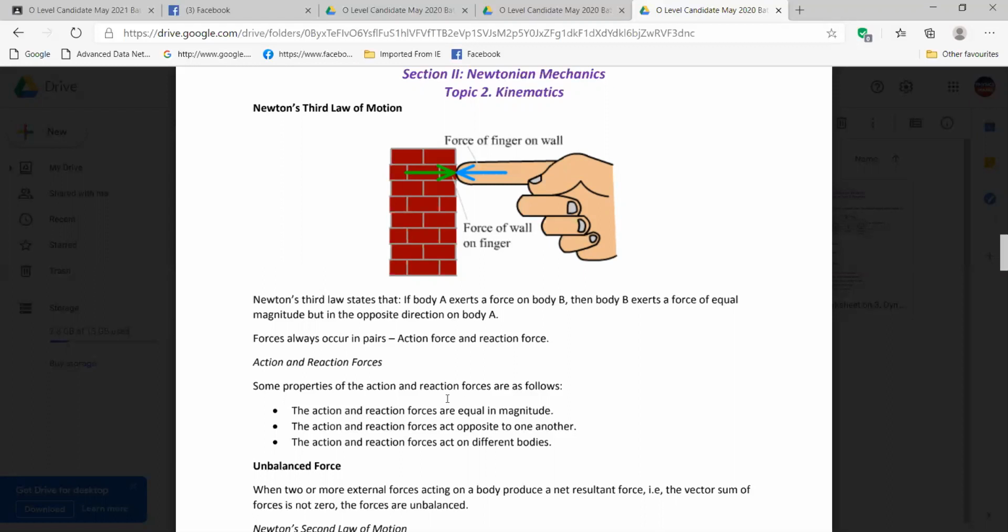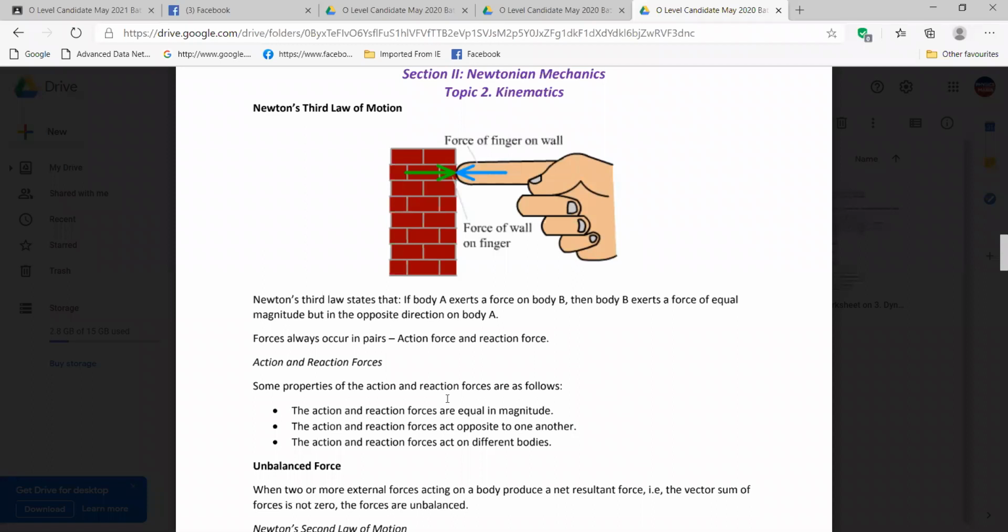So that's why it is balanced force. But in Newton's third law, we have two forces and we also have two objects. That is the difference.